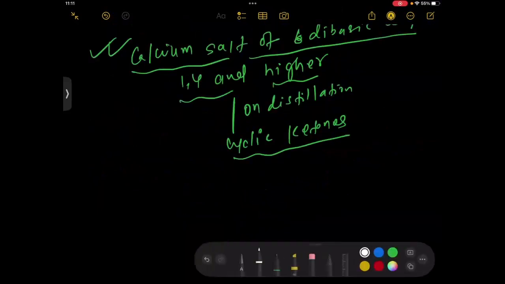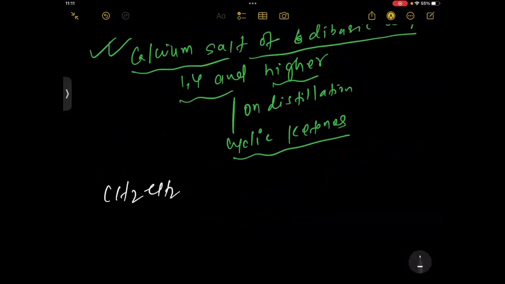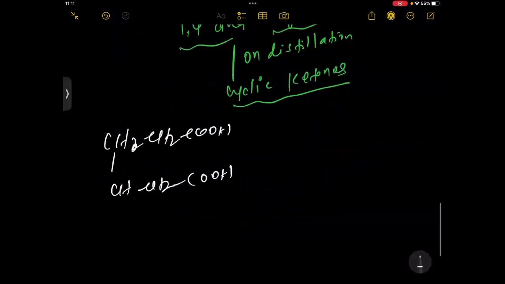See here. Suppose we have taken CH2 COOH, and here is CH2 COOH. This is called adipic acid, right? It is adipic acid. So when you take the adipic acid, students, and we supply the heat, see here what will happen.